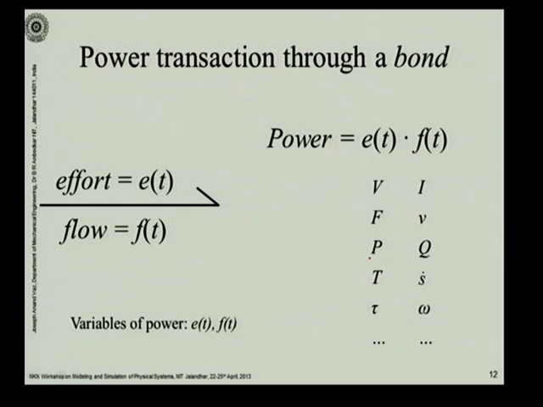You have pressure and the volume flow rate. You have temperature and entropy flow rate. You have torque, you have angular speed. So you have corresponding to the energy domain, but in every energy domain you have an effort variable and a flow variable, and always the product of these two is a scalar, which is power.